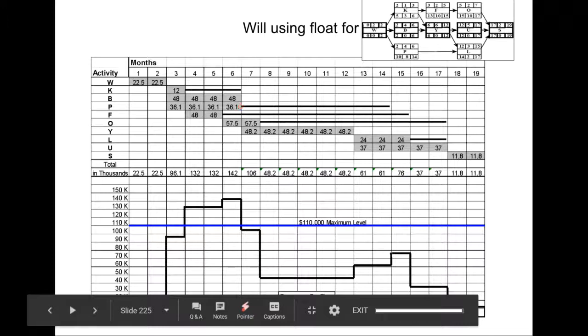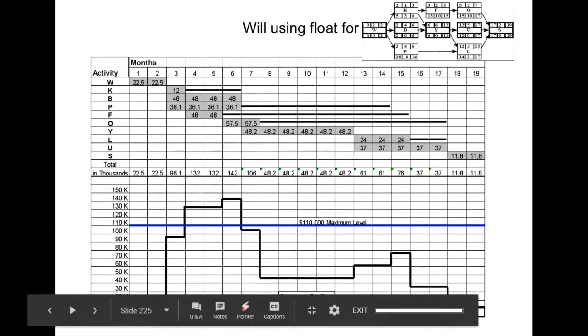So as we propose different solutions, we need to go back to our network diagram and see the overall impact. So I think moving activity O could possibly reduce cost overload in month 6, but it would have no impact in reducing the cost overload which exists in month 4 and 5.